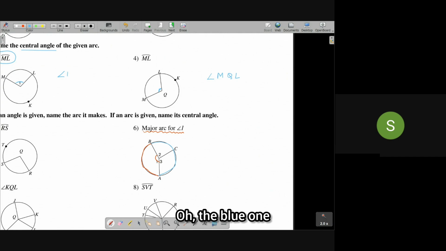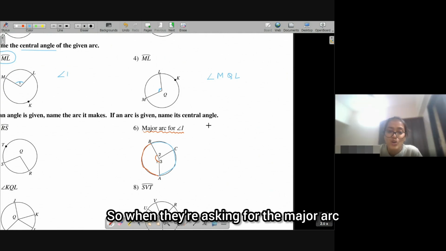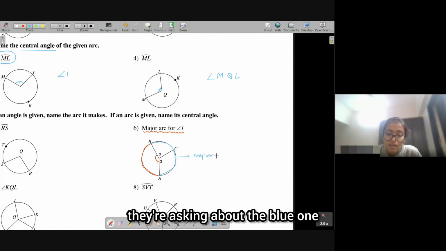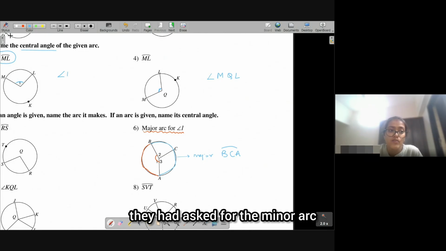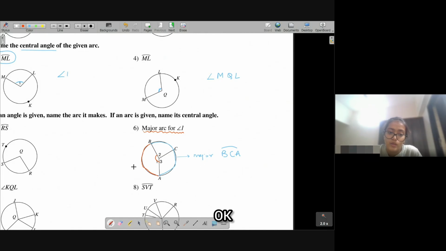The blue one. Yes. So when they're asking for the major arc, they're asking about the blue one, and its name will be BCA. If in this question they had asked for the minor arc, then we would say BA.